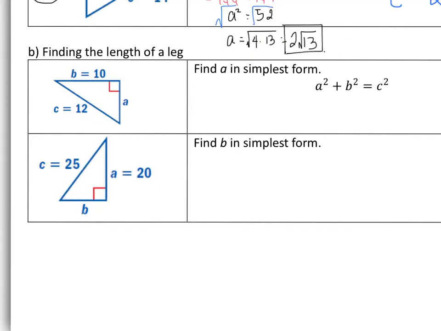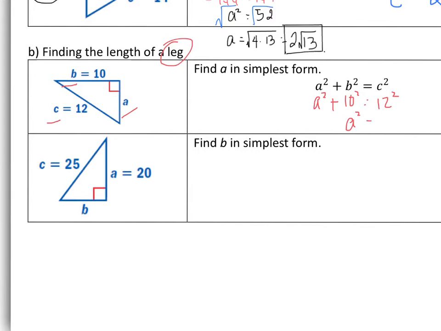Okay, let's continue to do a few more practice problems. I believe the next two involve finding the leg as well. So we're given B, C, and we need to find A. I'm going to copy A squared, and B will be 10 squared, C will be 12 squared.